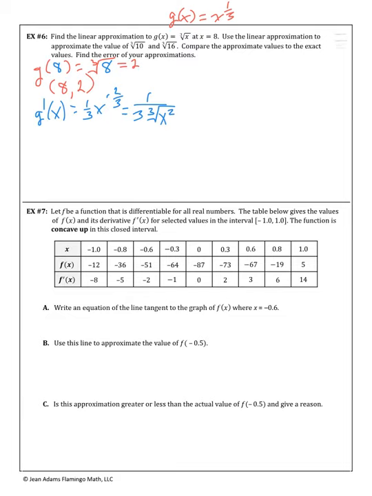And then we have to find the value of that derivative at 8. So g prime of 8 is equal to 1 over 3 times the cube root of 8 squared.